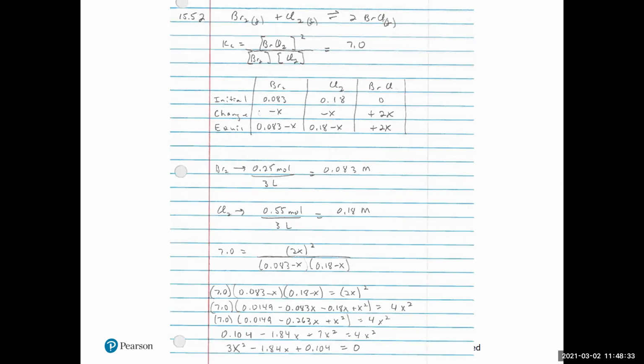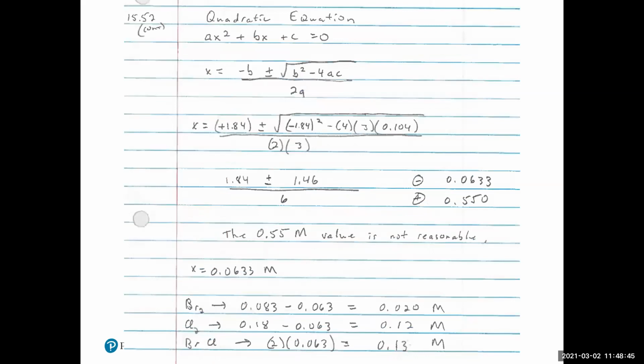That's where you get to show off your algebra skills and work through the algebra to get to the final format that we want in order to use the quadratic equation. And that final format, once again, is ax squared plus bx plus c equals 0.